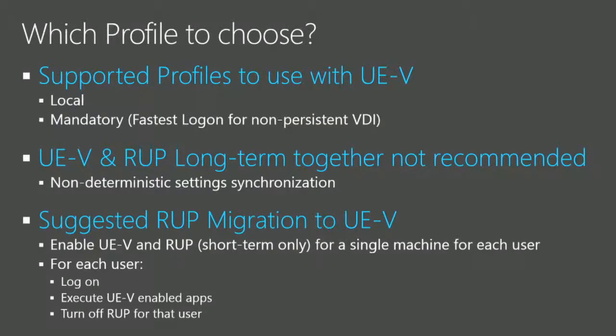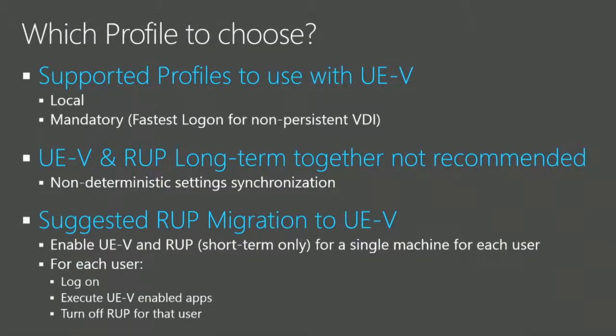You had to apply an update, 8.1, to get a unique version number, for those of you that have done that. And of course, using a mandatory profile if you have a specific non-persistent VDI environment, to just create a fast login experience for those kinds of clients that require that.